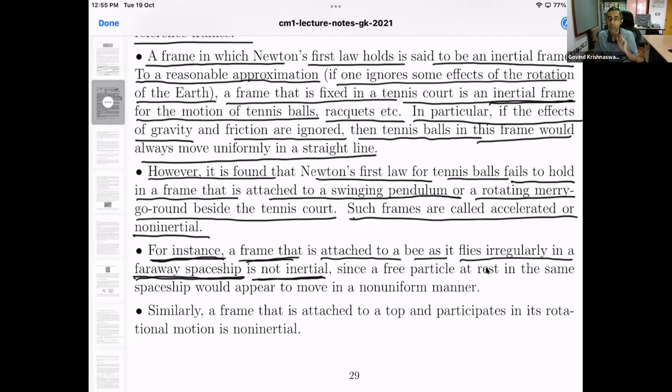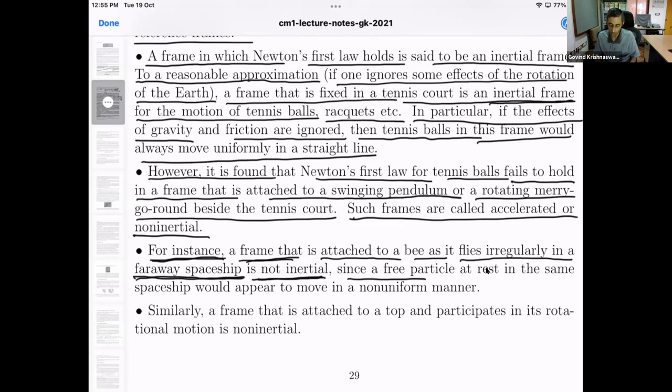And why is it not inertial? It is because a free particle that's also in that spaceship, far away from other interactions, simply at rest in that spaceship, when viewed from this bee frame, will not look like it is at rest or in uniform motion. It will look as though it is moving around very randomly, mirroring basically the motion of the bee.